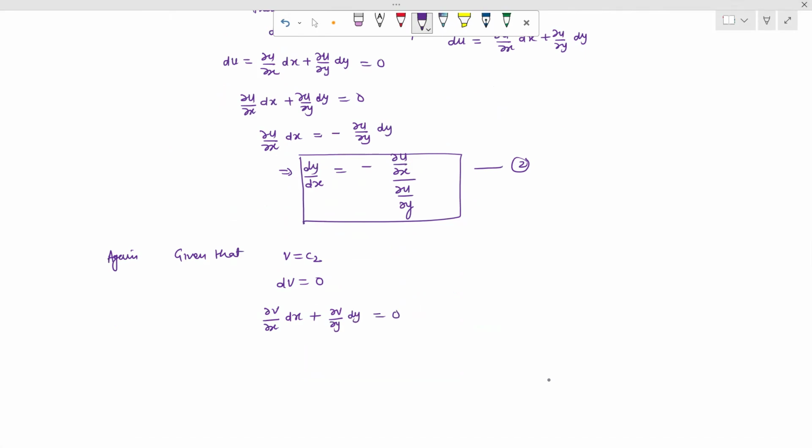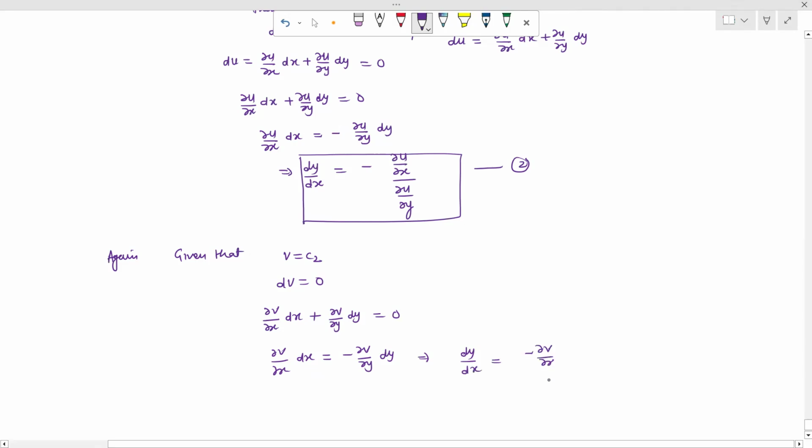Here we calculate the value of dy by dx. So del v upon del x into dx is equal to minus del v upon del y into dy. So this implies that dy upon dx is equal to minus del v upon del x upon del v upon del y. So this is equation number 3.